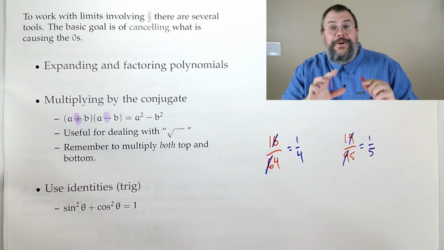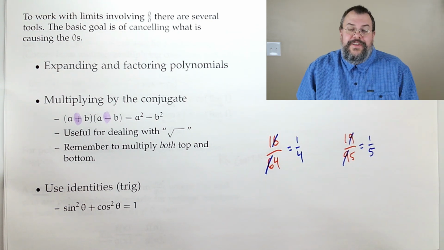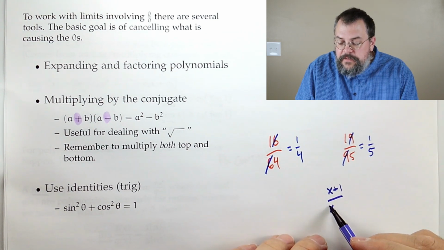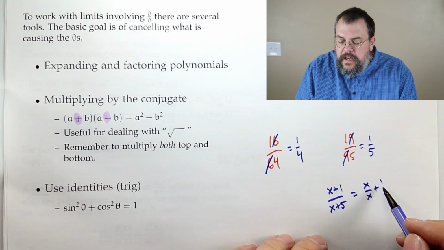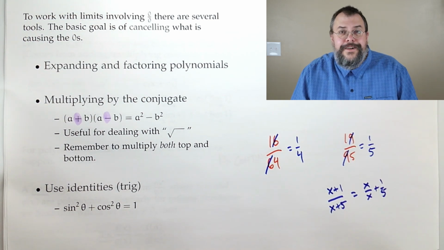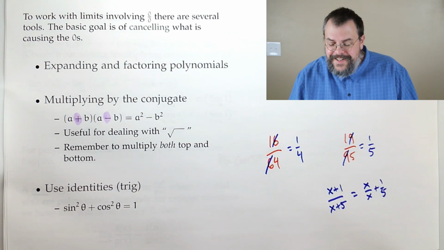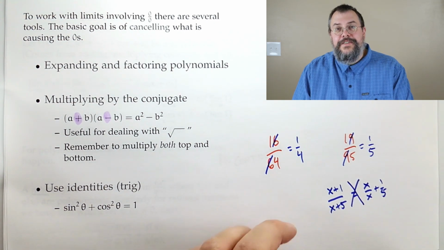All right. Okay, so, but on a serious note, one of the things that we often see is we see things such as this. x plus 1 over x plus 5. And people will say, well, that's like x over x and 1 over 5. No, definitely not. Definitely not. There's all sorts of crazy things that happen. So be careful.